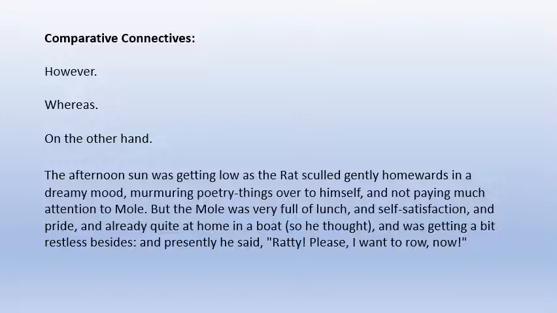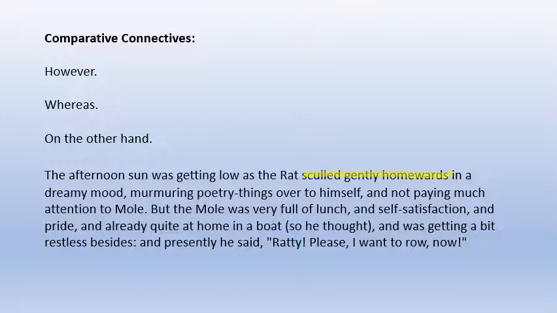So the difference we'll put in red, right. So the difference is that Rat sculled gently homewards. So we highlight that. So you go through and highlight "sculled gently homewards". That's how Rat is in the boat, which shows that he's relaxed.